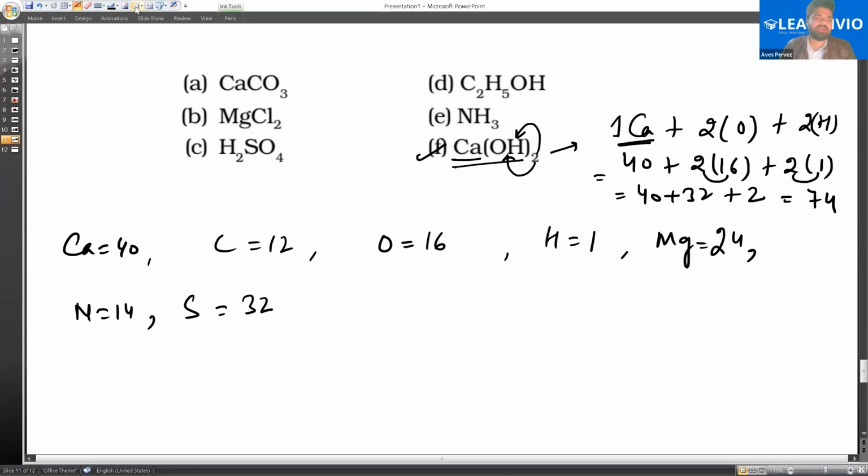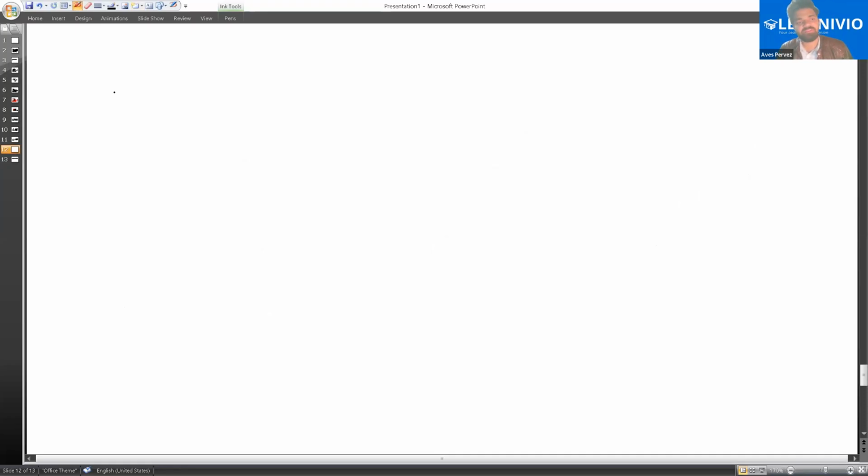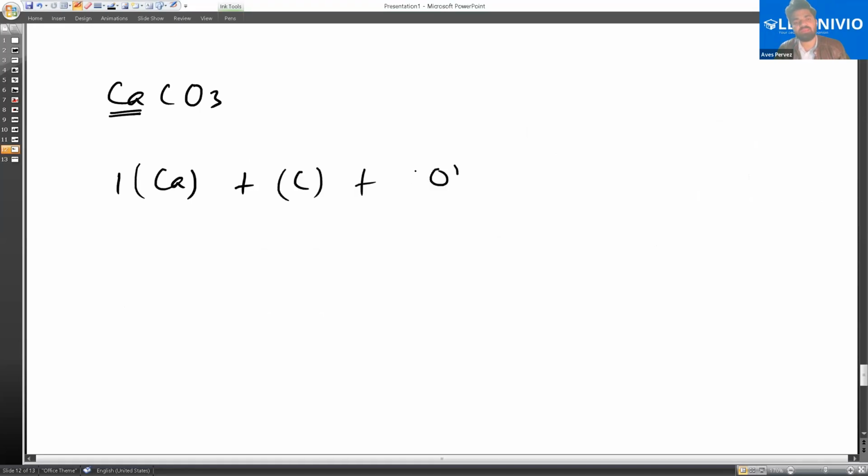Okay. This is calcium carbonate. If you need to calculate the mass of calcium carbonate, CaCO3, there is one calcium element here, plus one carbon, plus three oxygen.